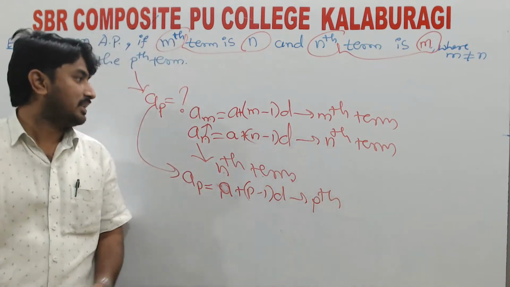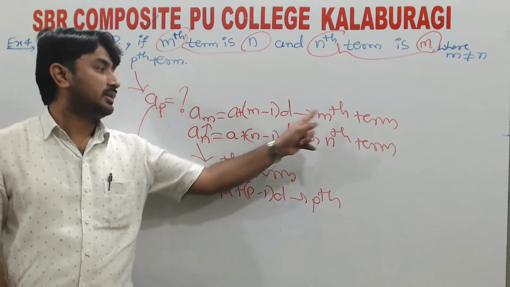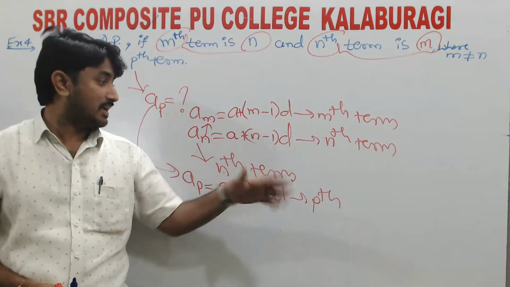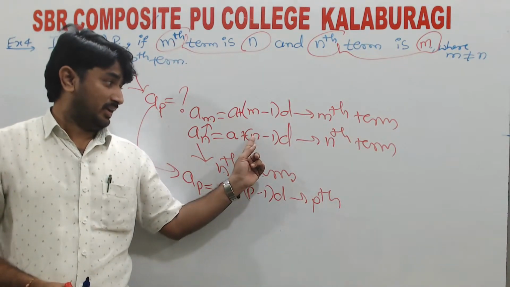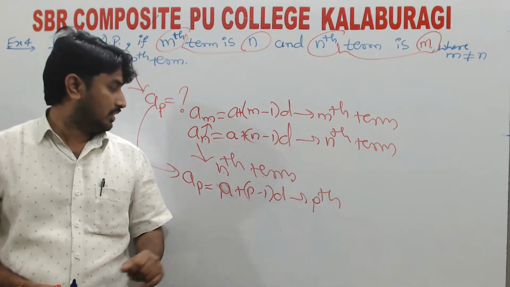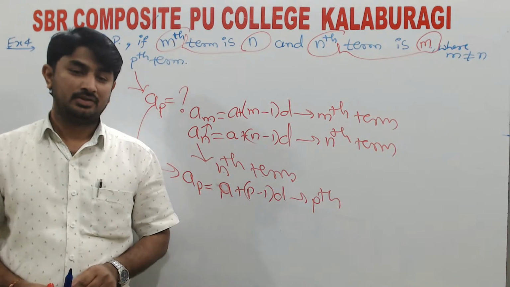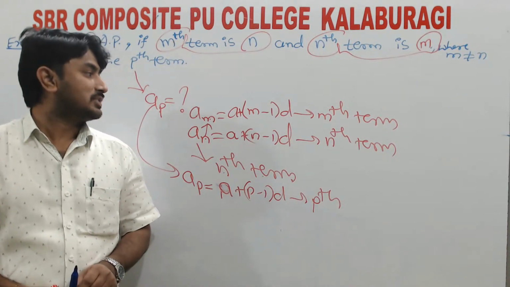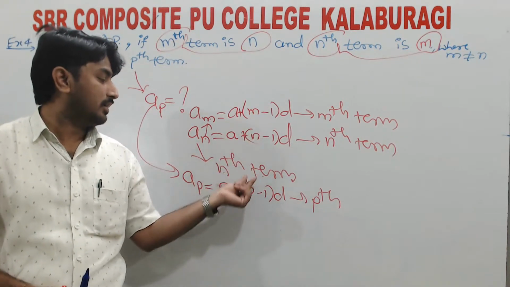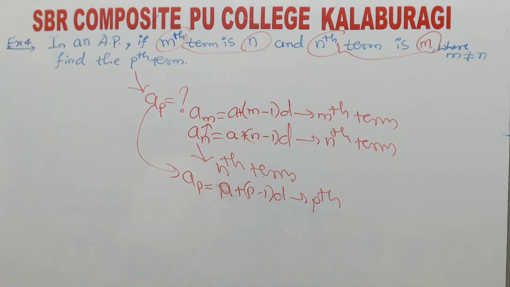Here the common letters are m, n, p. I am solving this one.